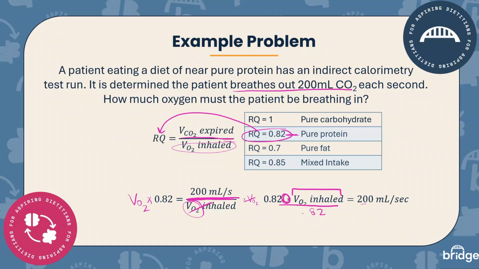When we divide both sides by 0.82, 0.82 cancels out over here, and we get volume of oxygen inhaled on its own. We find out that if her RQ is 0.82, because she's eating a diet of near pure protein, and she's breathing out 200 milliliters of carbon dioxide each second, then she's breathing in 243.9 milliliters of oxygen each second.